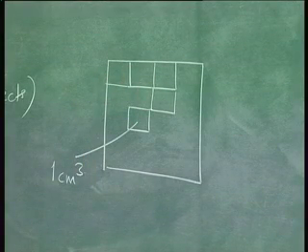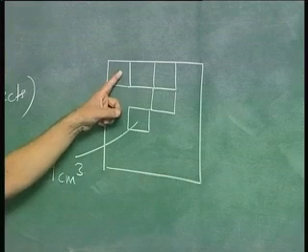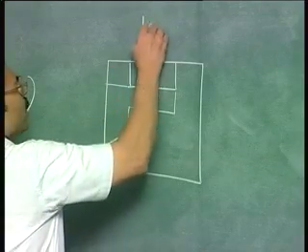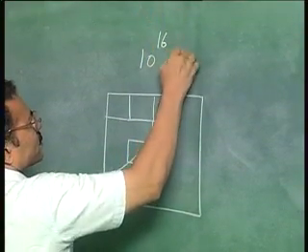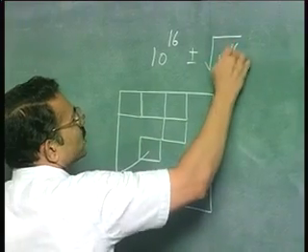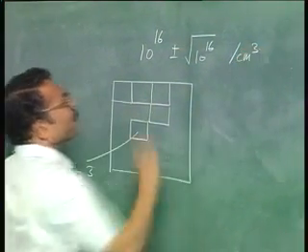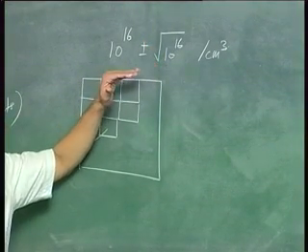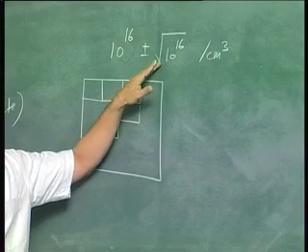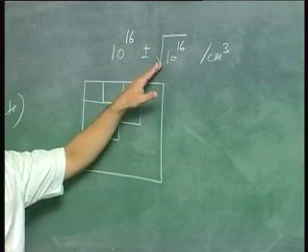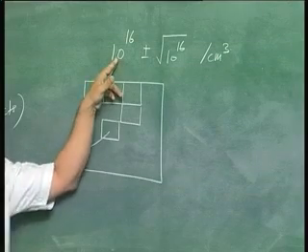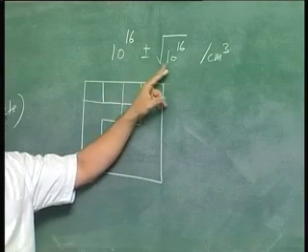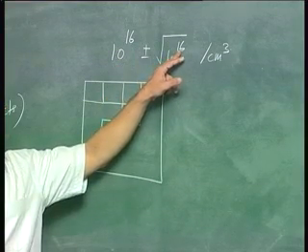Then I will find that the concentration in any of these 1 centimeter cube blocks will lie between 10 power 16 plus or minus square root of 10 power 16 per centimeter cube. So, there is a deviation because the atoms are randomly located. Definitely the concentration of impurity atoms cannot be exactly 10 power 16 everywhere. So, there is a deviation, but the deviation lies within plus or minus the square root of 10 power 16.